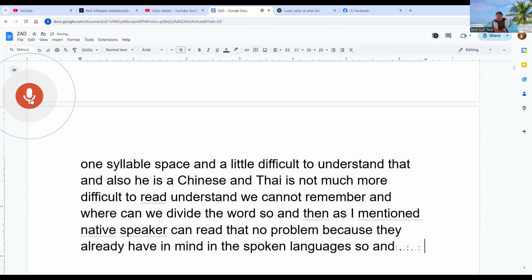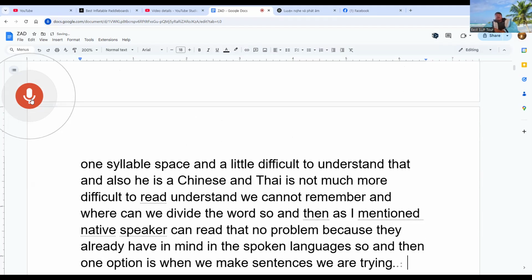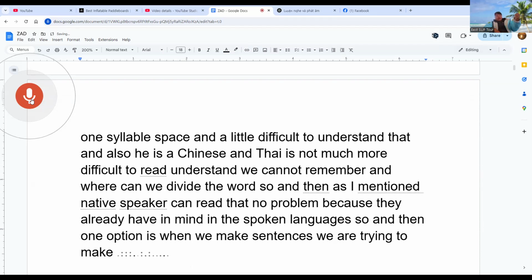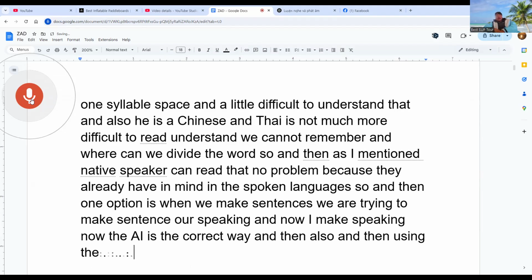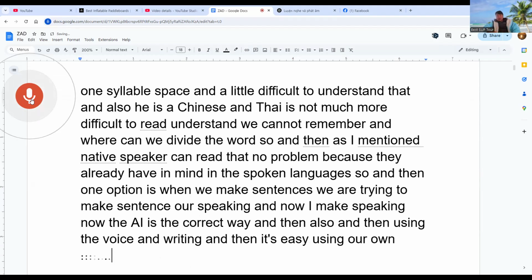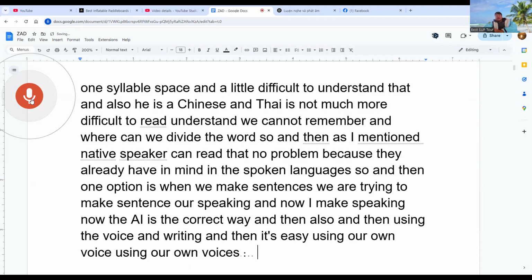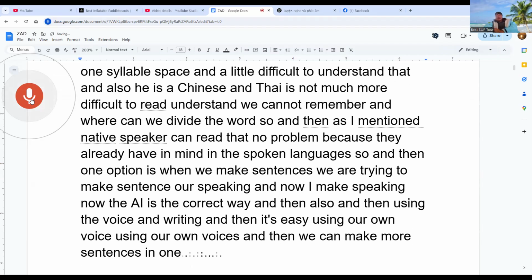So one option is that when we make sentences, we try to make them by speaking. Now AI makes it a quick way, and using voice and writing together is easy. We can try to make sentences using our own voices, and it's much easier, and we can make more sentences in one minute than in writing.